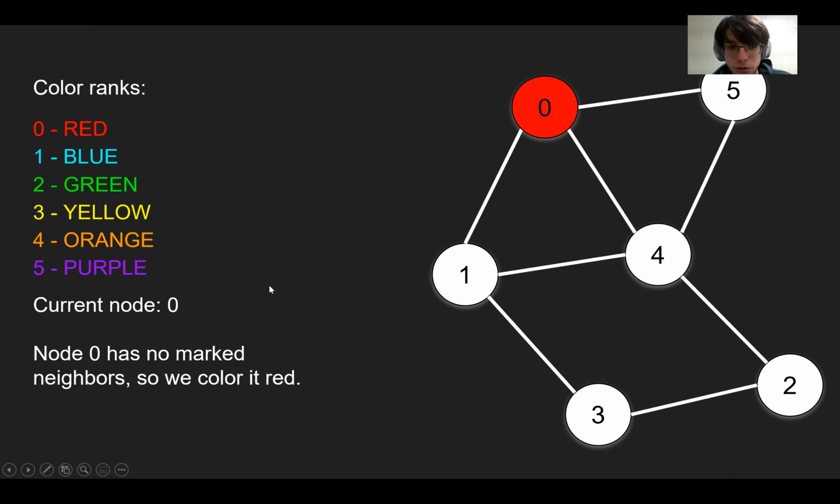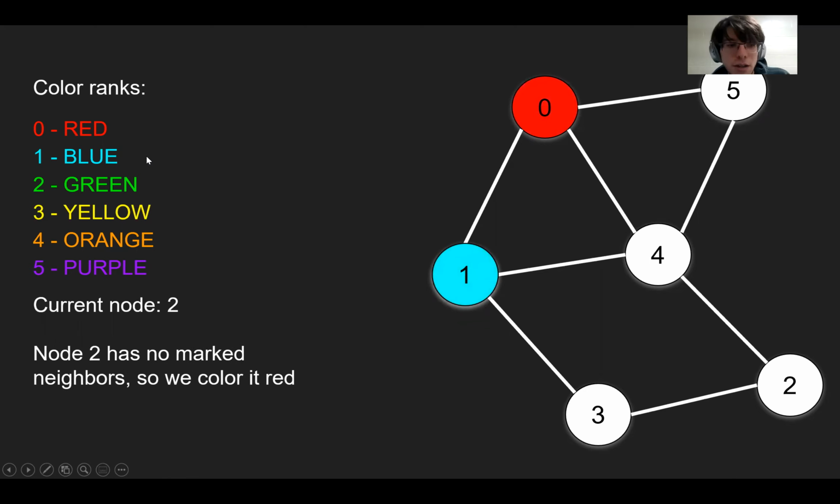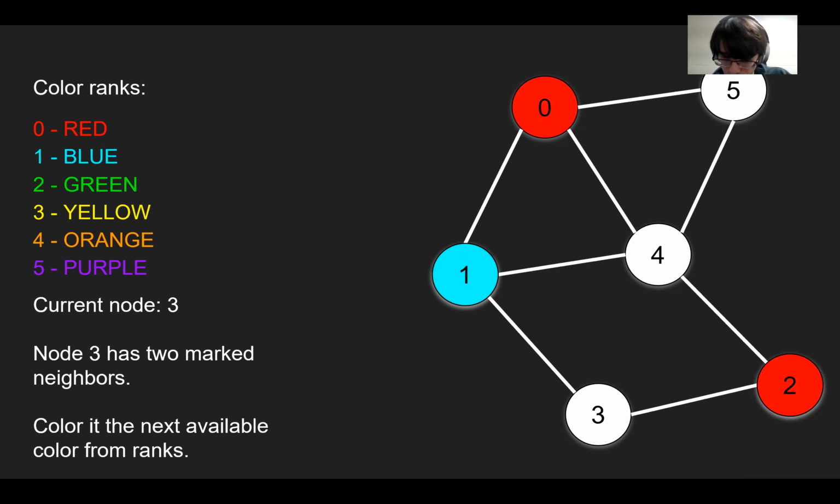So current node 0, we choose red because it hasn't been chosen by a neighbor. And then we go to 1. Well, 1, we choose the earliest possible thing we can. 2 has no marked neighbors, so we color it red. 3 has a red and a blue neighbor, so we have to color it the next one, green. 4 has a red and a blue neighbor, so we can choose green as well.